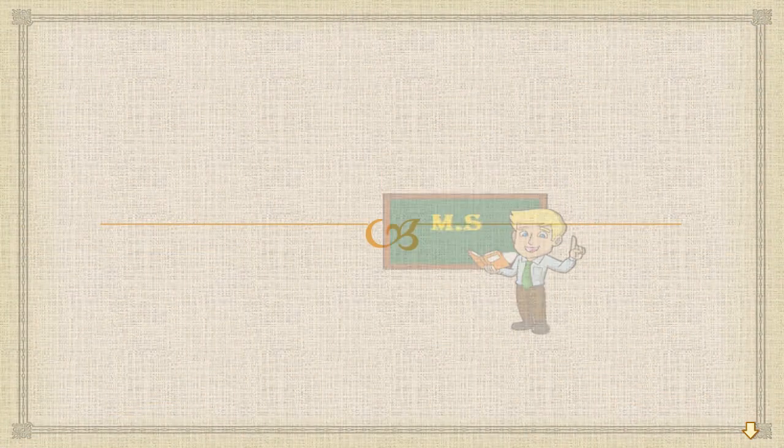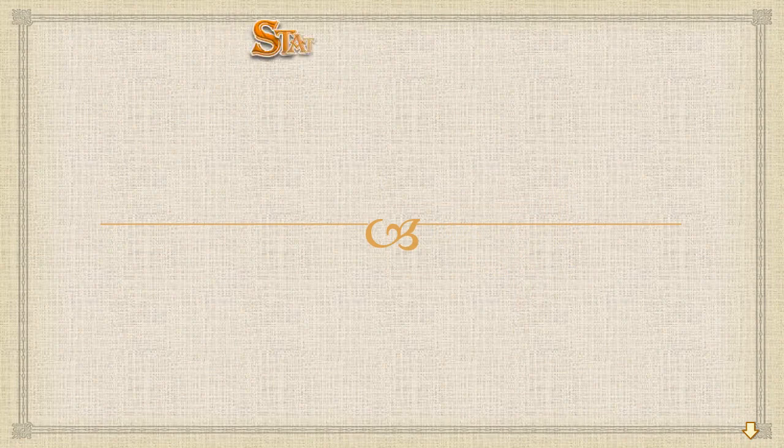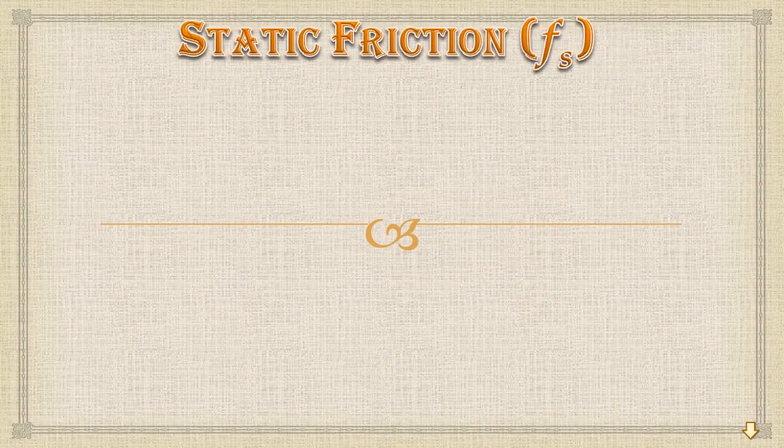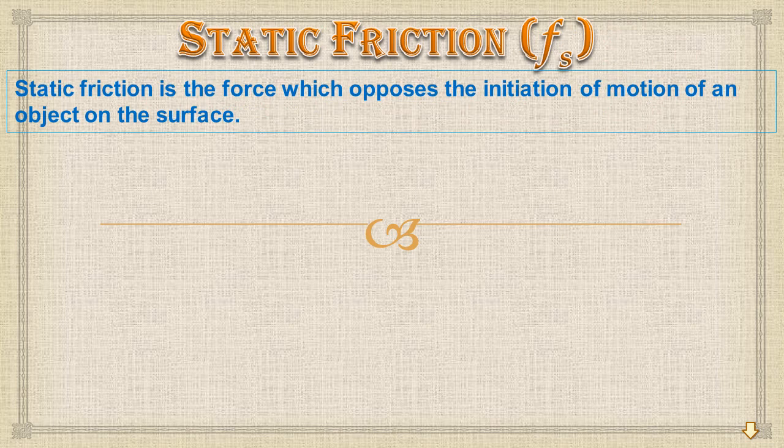Now let's see static friction. This is the symbol of static friction. Static friction is the force which opposes the initiation of motion of an object on the surface.